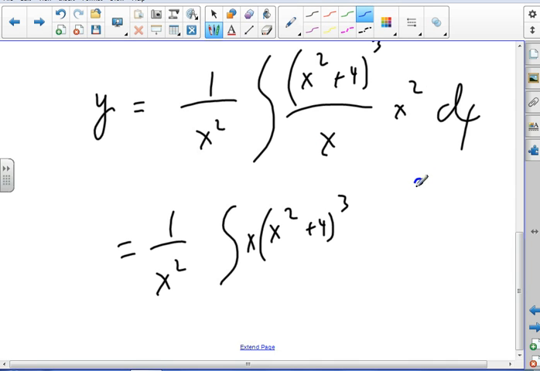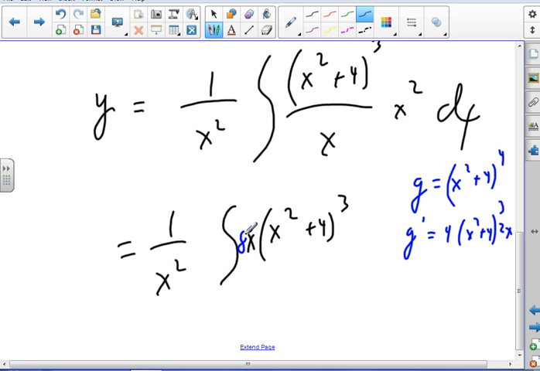Okay, so I'm going to guess that my answer is in the form (x squared plus 4) to the 4th. I'm going to take the derivative of that, and I'm going to get 4 (x squared plus 4) cubed times 2x. So I need an 8 here, and I need a 1 over 8 on the outside.